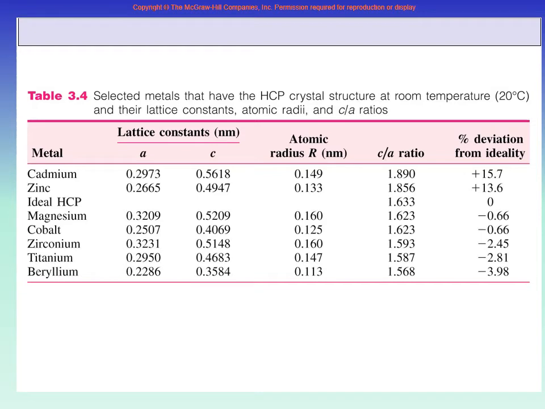One equation we know: C by A is equal to 1.633. If we do it by theory, then C by A is equal to 1.633. So if we can determine A, we can find C. If we determine C, we can find A, and so on. Okay?